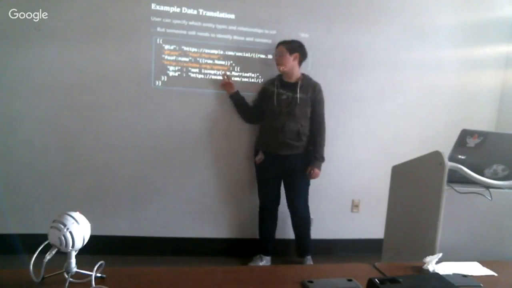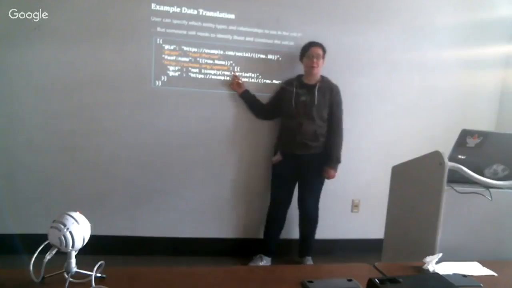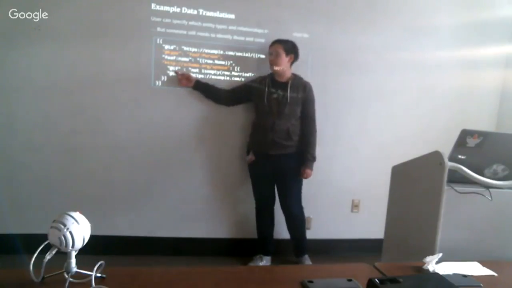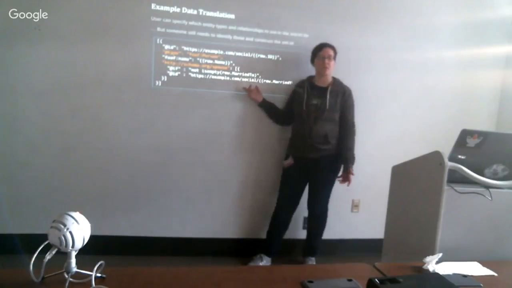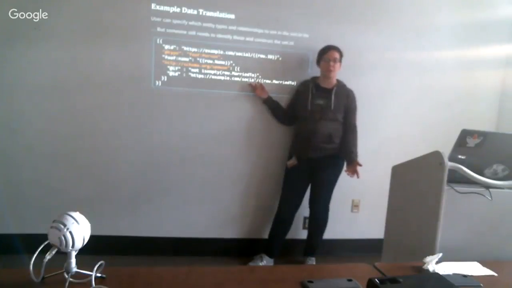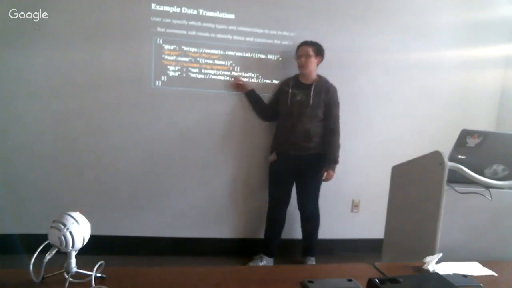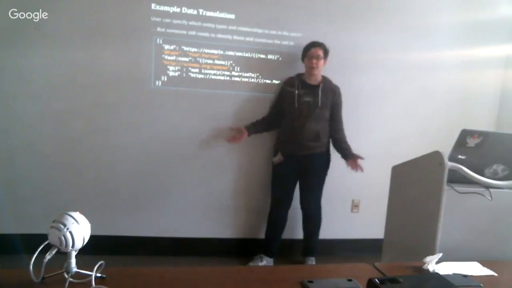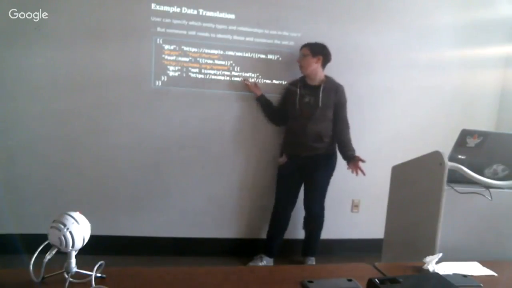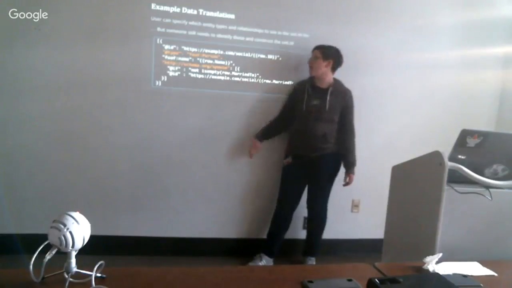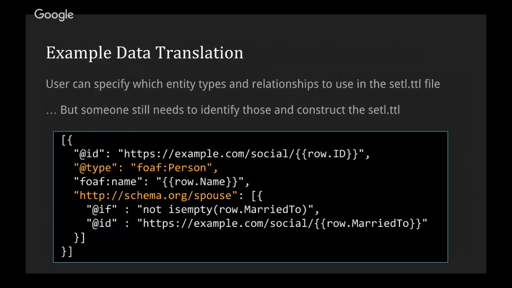You can type your relationships, like creating the spouse relationship, and use if statements for various control flows. So if you don't have a spouse for every person in your list, it would simply skip generating this triple, because it only generates it if the value is not empty. But someone still has to go in and actually craft this file.